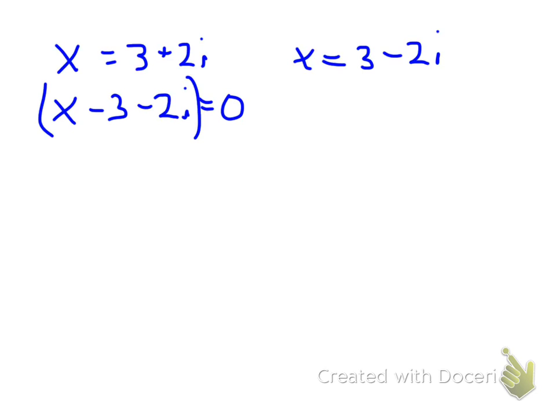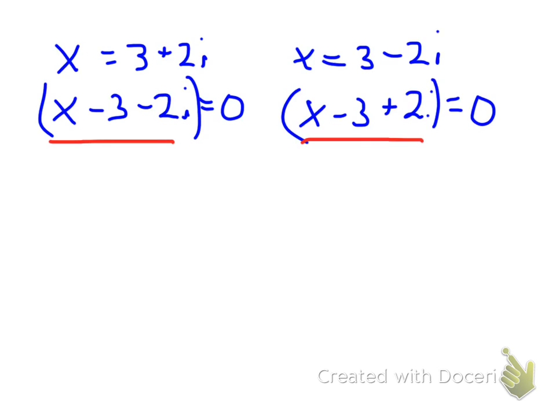That is now a factor of my quadratic. And I have x minus 3 plus 2i equals 0. That is now another factor. So when you solve a problem that has been factored and you do the zero product property, this is essentially what you end up getting. You get both your factors equaling 0.